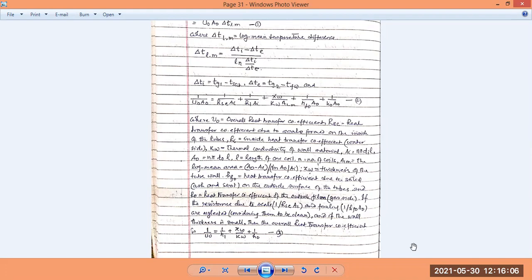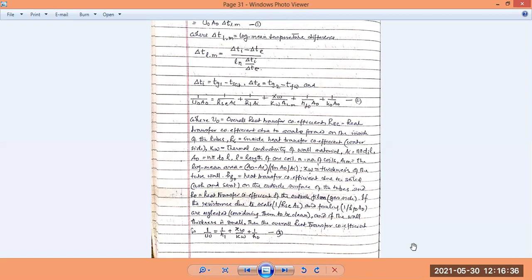Where U0 is the overall heat transfer coefficient, and HSC is the heat transfer coefficient due to the scale formed on the inside of the tubes, and HI is the inside heat transfer coefficient. These are all heat transfer coefficients, and KW is the thermal conductivity of the wall.